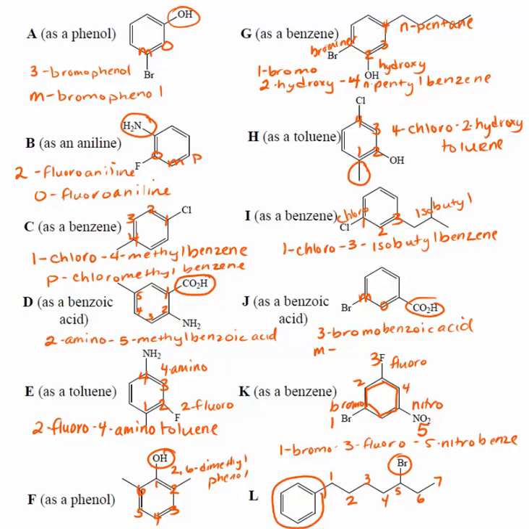So if we go this way in orange, we would have 1 and 5. And if we numbered this way, we would have 4 and 7. So because 1 and 5 are less than 4 and 7, we're going to go this way. So this would be 5 bromo, 1 phenyl heptane.